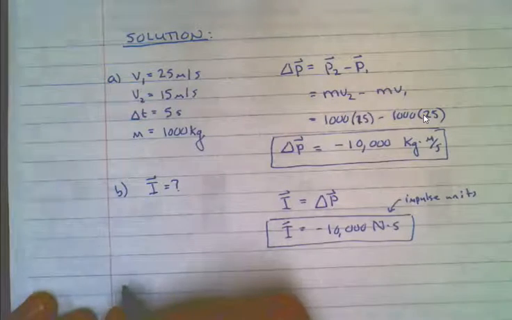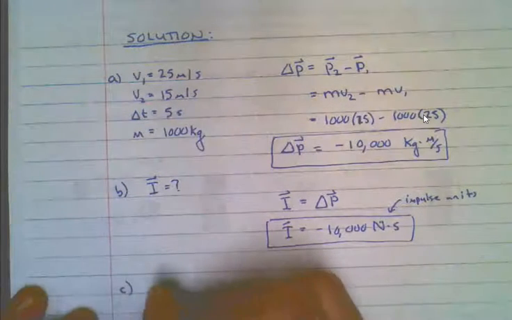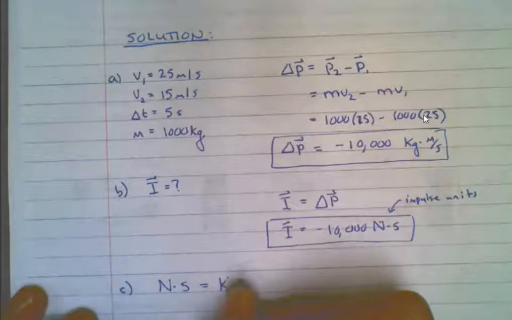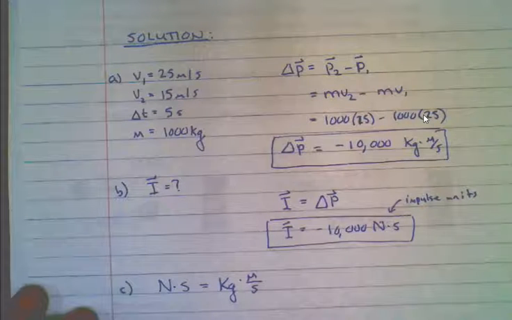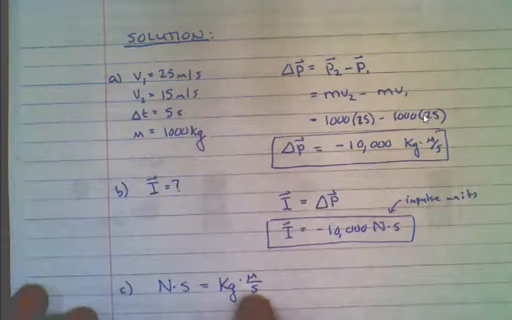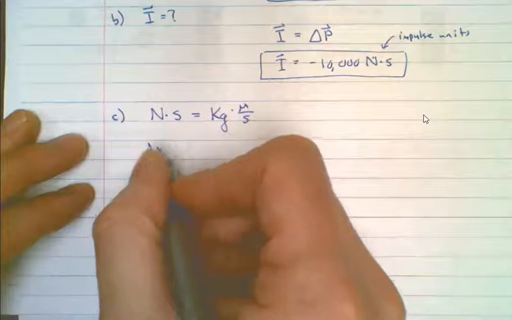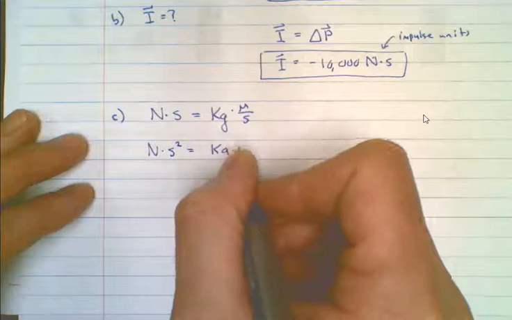Part C. Compare the units. Well, Newton seconds from part B is a kilogram meter per second from part A. So what I'll do is multiply the seconds across. That's something we're definitely able to do. So I get newtons seconds squared equals kilogram meters.